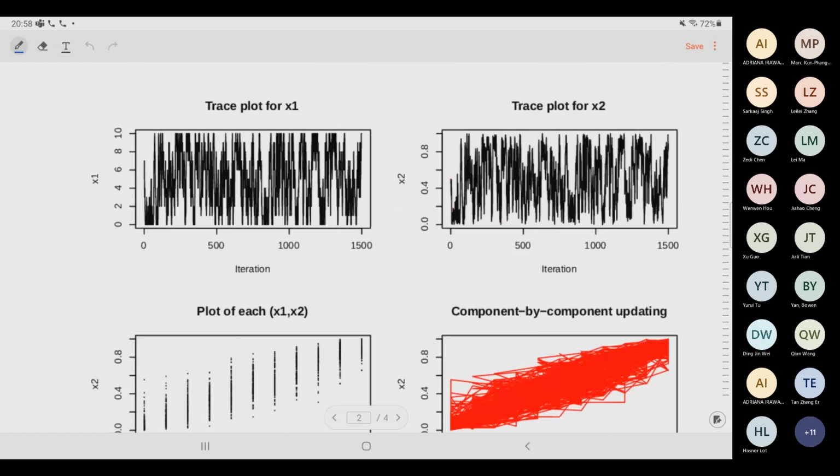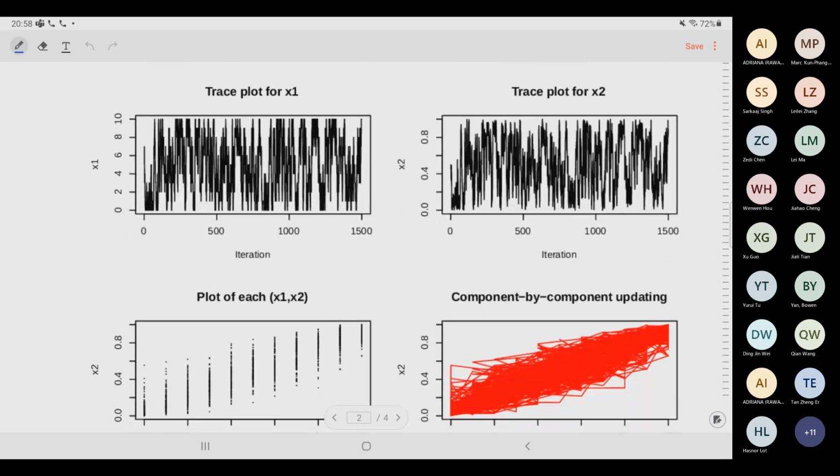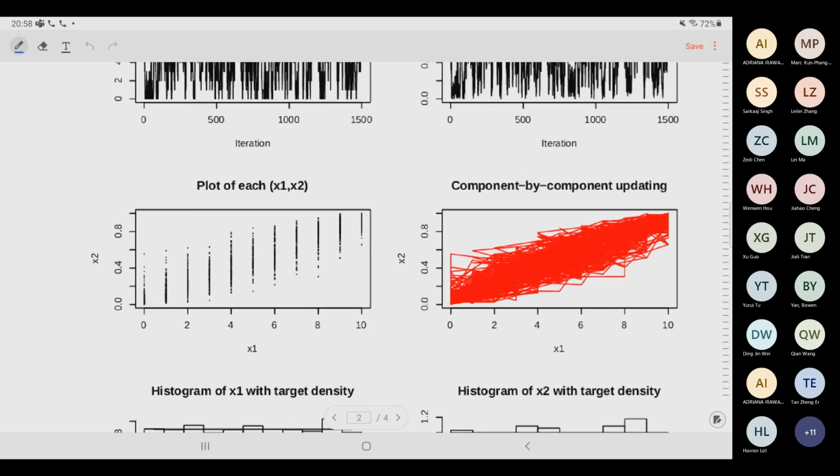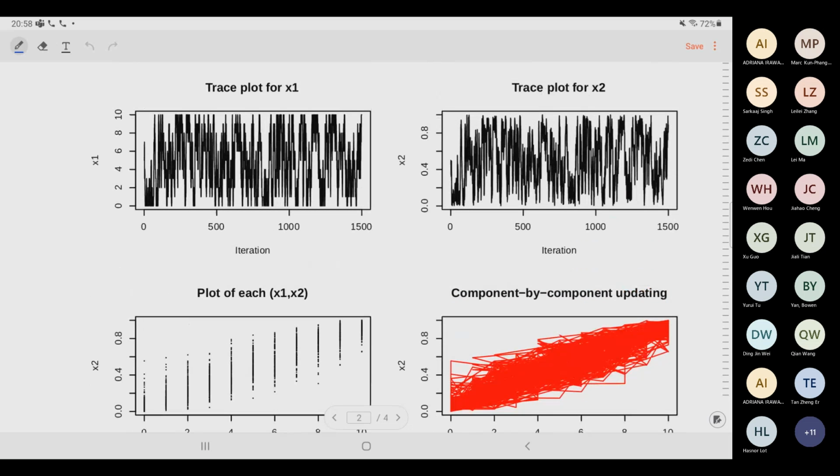But if we use this, what is this? This is 1,500, sorry. So this is 1,500, right? So you can see the movement here. Okay, but you can also see the mixing, meaning that they are moving, but they're still not independent because your x1 depends on x2.